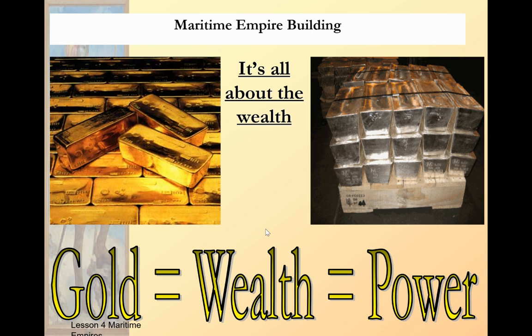So, what these states are doing is they're creating these huge empires to be able to bring in gold and silver because it provides the wealth that they need to create a market economy, to legitimize, to centralize, and to make their people happy.